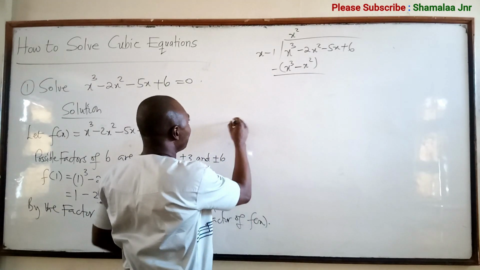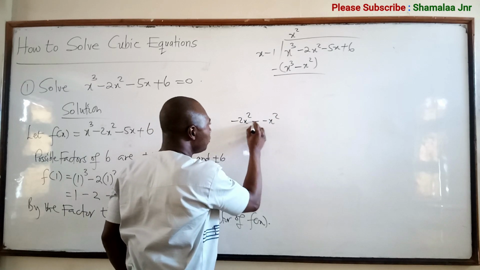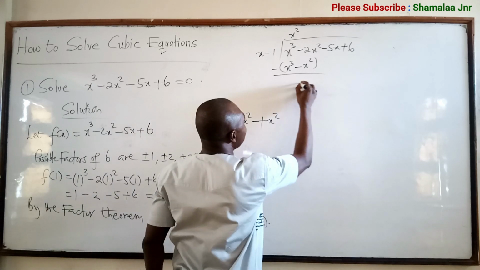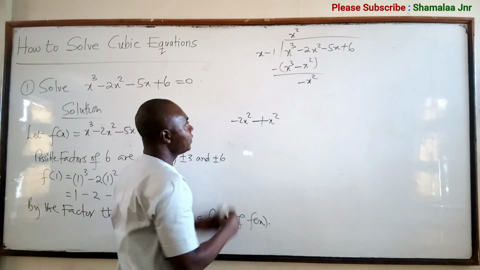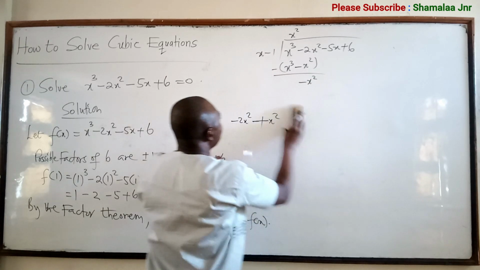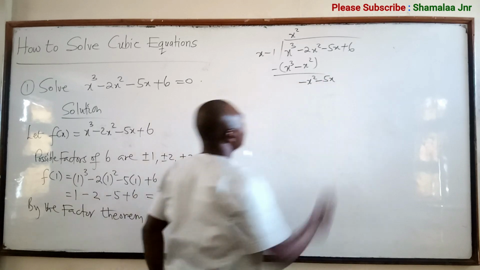So this will become plus. So that will be negative x squared. Write it well. Negative x squared. Then you bring the next term. The next term is negative 5x.